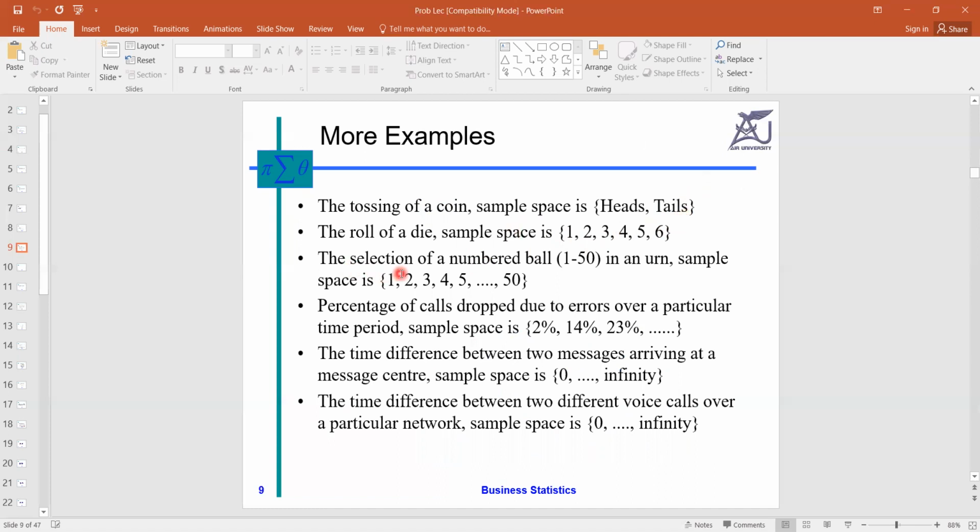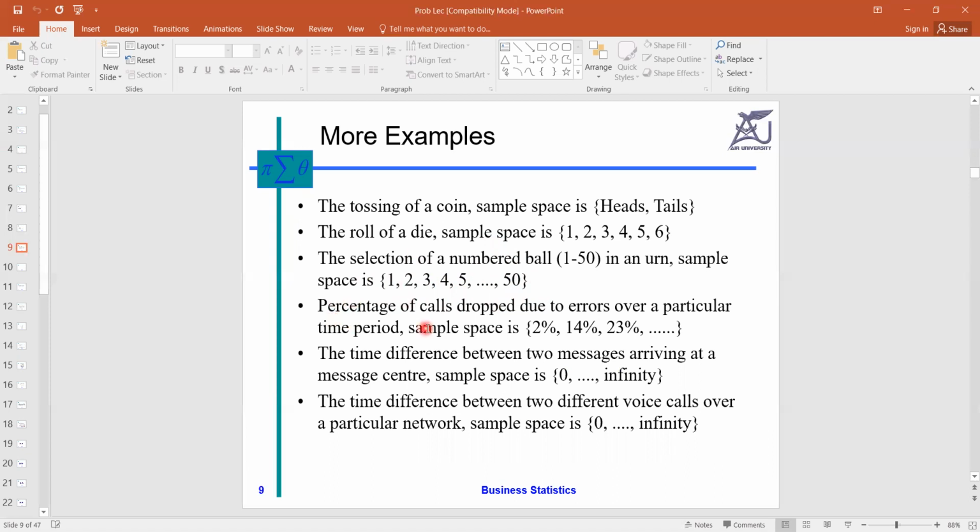The third one, the selection of numbered balls, 1 to 50 in an urn: the sample space is 1, 2, 3, 4, 5, and so on up to 50. Here we have 'so on', but each and every numbered ball can be written easily. We can write 6 after 5, then 7, and so on to 50. So the selection of numbered balls is also an example of discrete sample space.